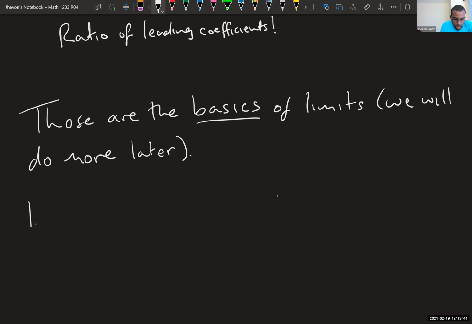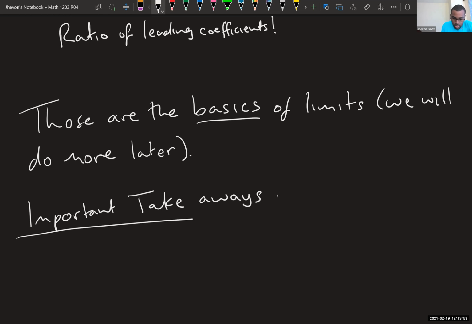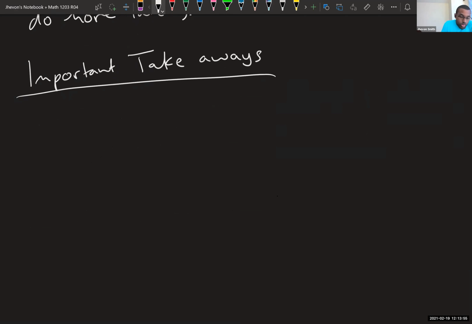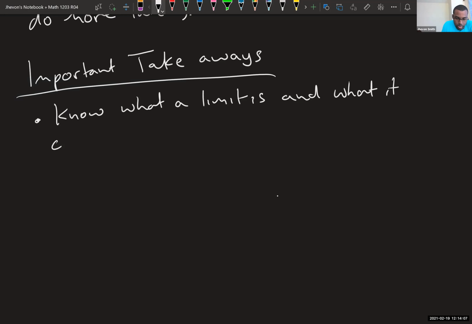But some important takeaways. I would say, make sure you know what a limit is and what it cares about.